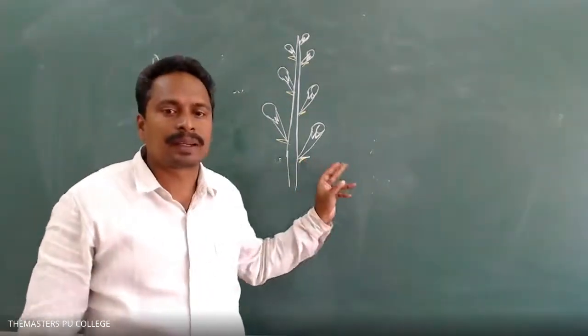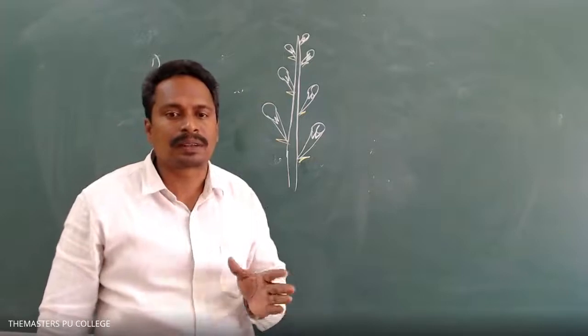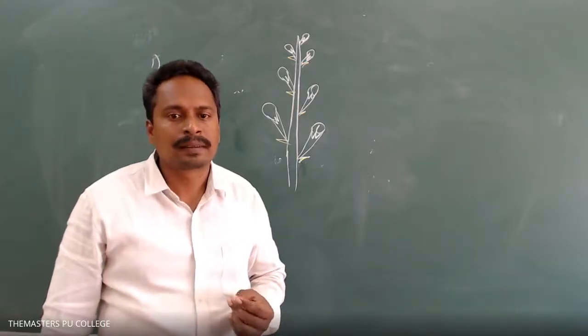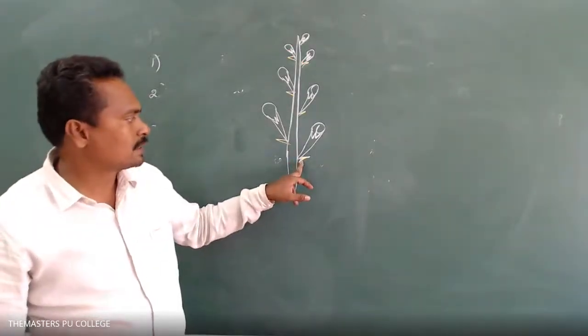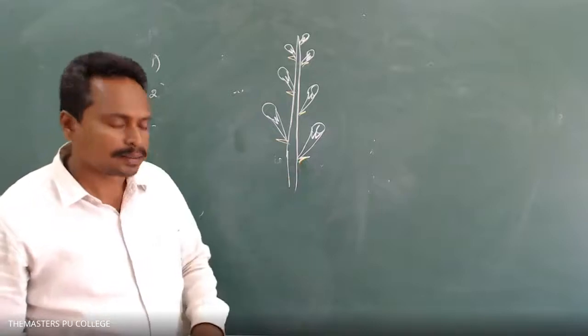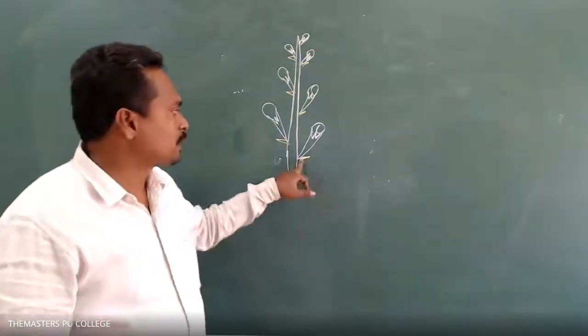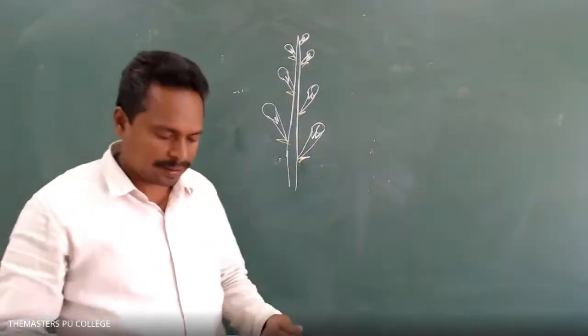In some plant species, the flowers do not have bracts; that is called ebracteate. Sir, bracts are paired, sir? No, they are single. Look here. Yes, sir. Thank you, sir. Okay. Right.